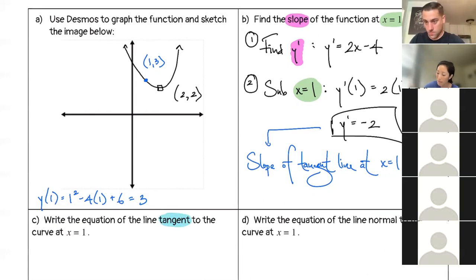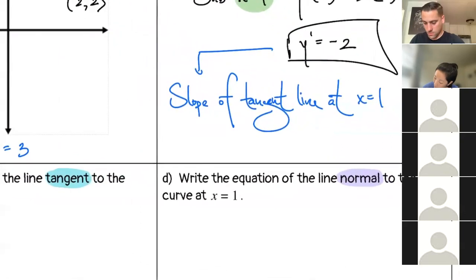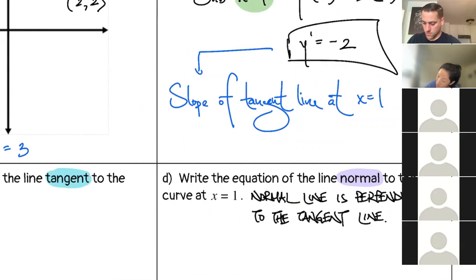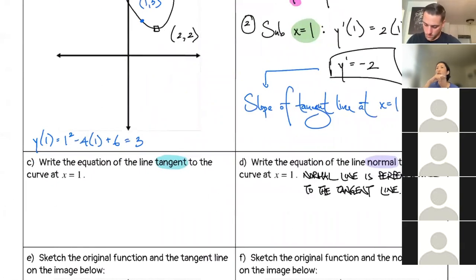In contrast, the normal line is perpendicular to the tangent line. Okay, the normal line is perpendicular to the tangent line.